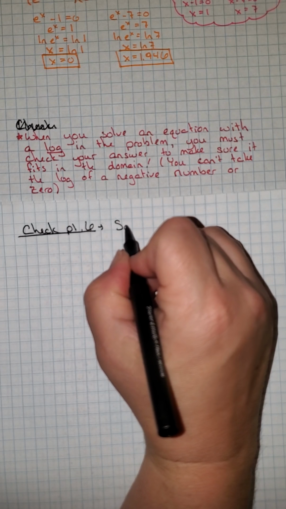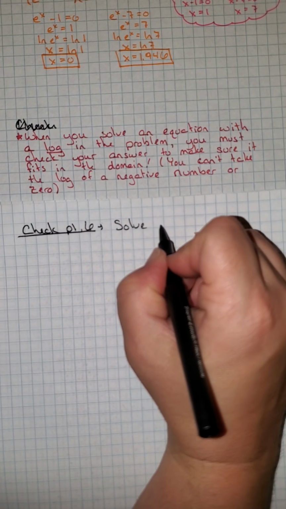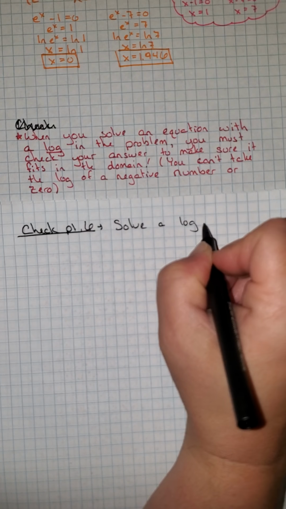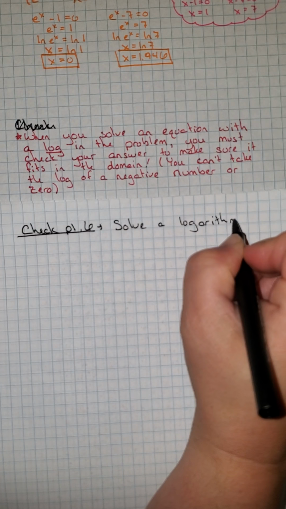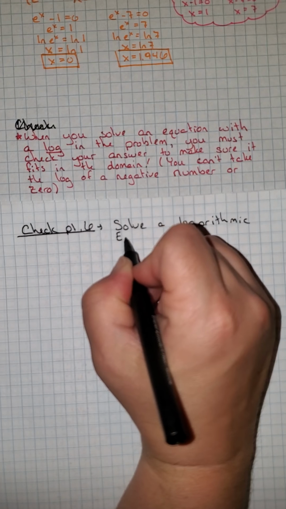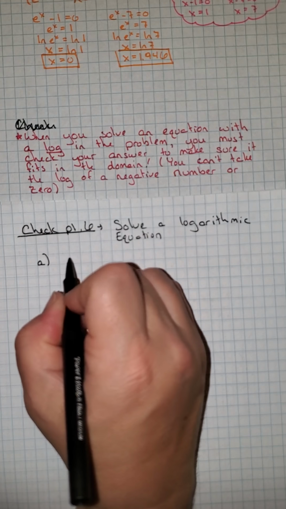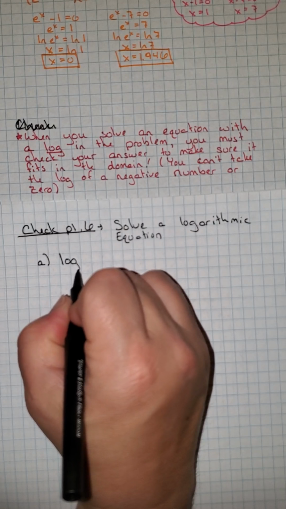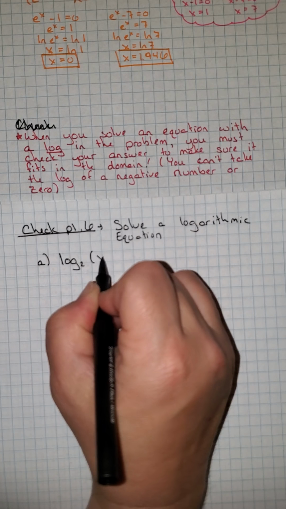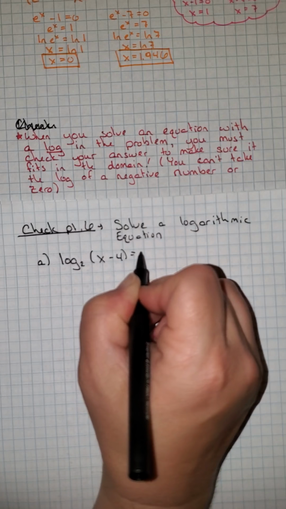Okay, so solve a logarithmic equation. Nothing special yet. Alright, first one we have log base 2 of x minus 4 equals 3.